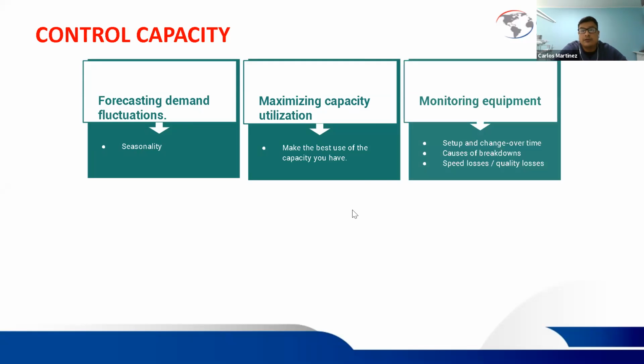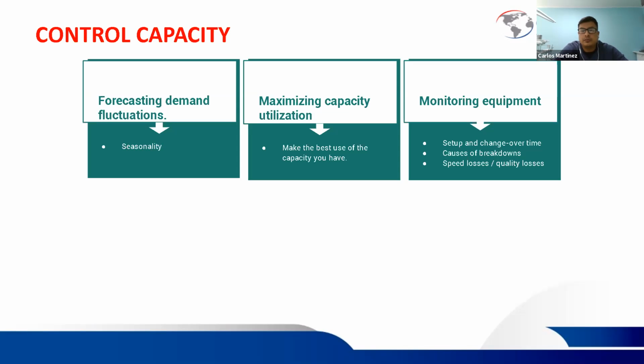Next, we have monitoring the equipment. This is another way of controlling the capacity: set up and change over time, causes of breakdowns, speed losses, and quality losses. So, set up and change over time. That means that I need to monitor my equipment. For example, there is certain machinery that tells you that every certain amount of time you need to change some parts, or every certain amount of time you need to buy a new one because the machine won't work in the same way.